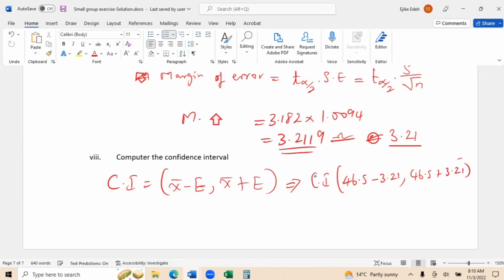If we simplify this, 46.5 minus 3.21 gives you 43.29, and 46.5 plus 3.21 gives us 49.71.